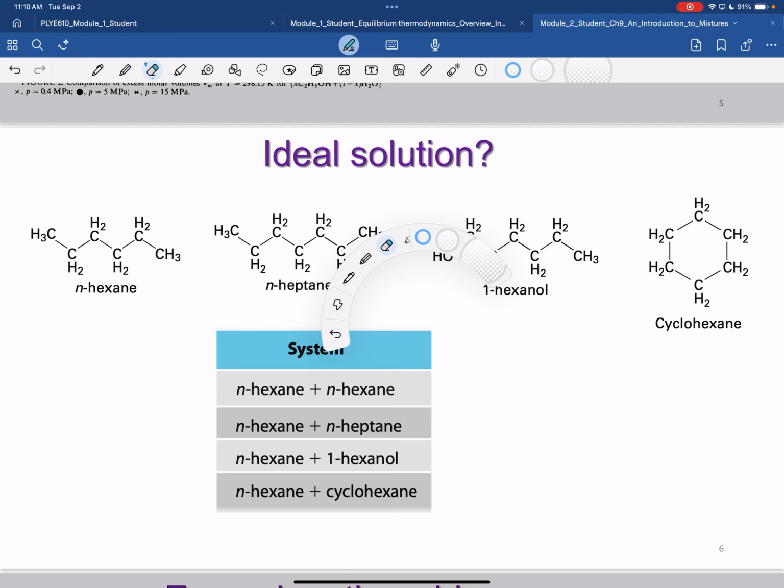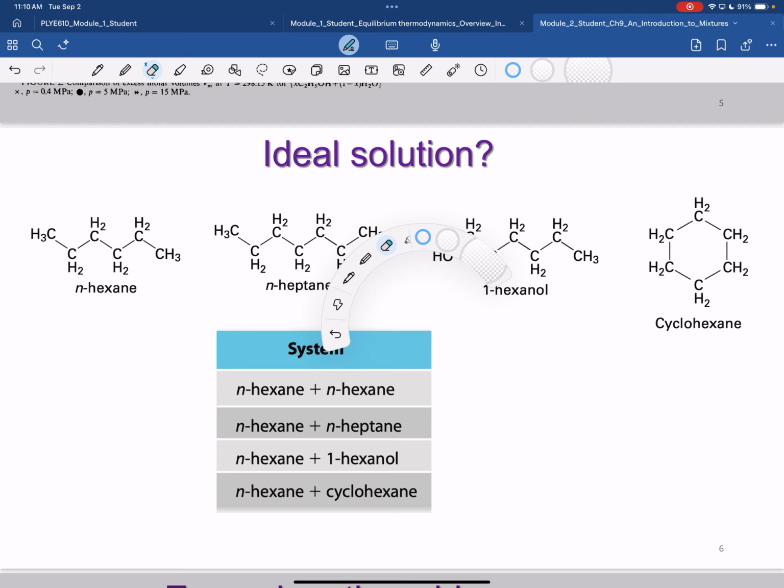Or are they non-ideal? Think about ideal: two things. One, interactions should be similar to each other. Two, size and shape. First one and second one, I'm mixing them. Kind of, right? Yeah, they're very close.